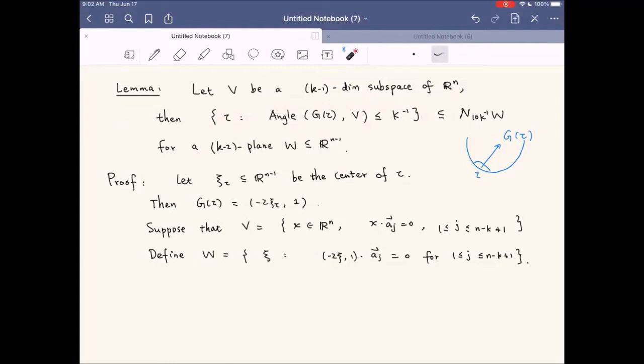This little geometric lemma tells us that this set lies inside the 1 over k neighborhood of a k-2 plane W in Rn-1.